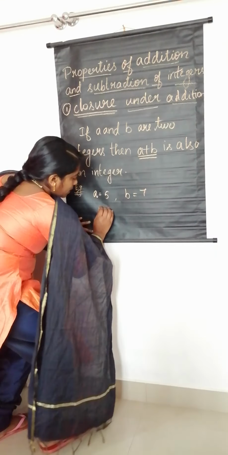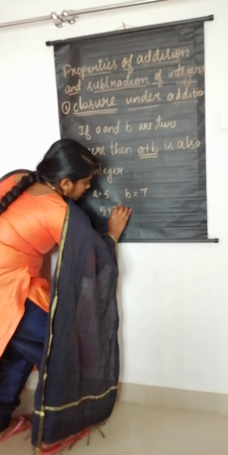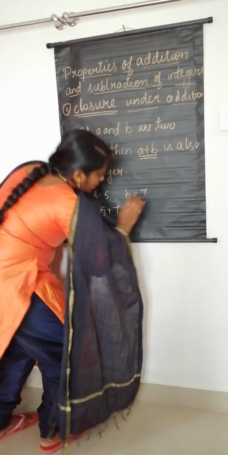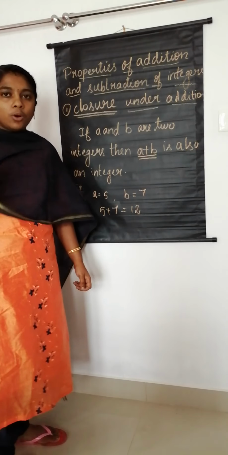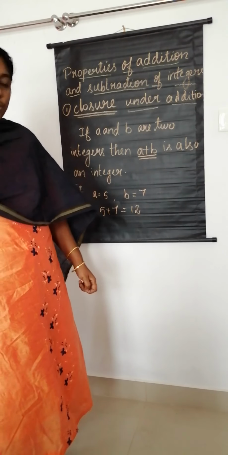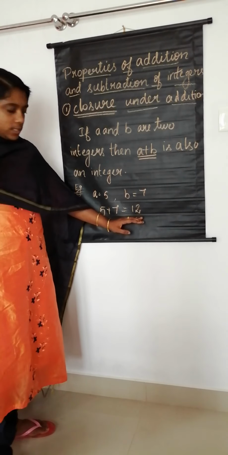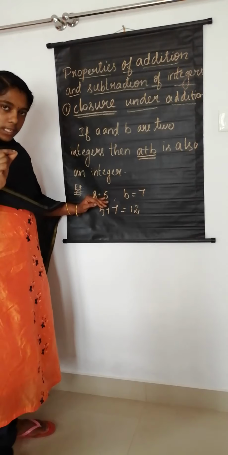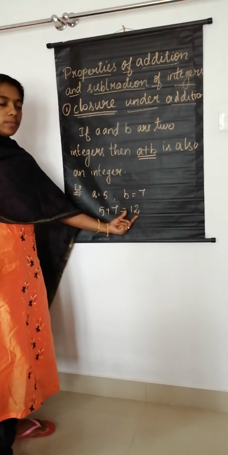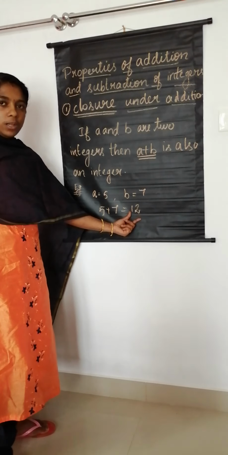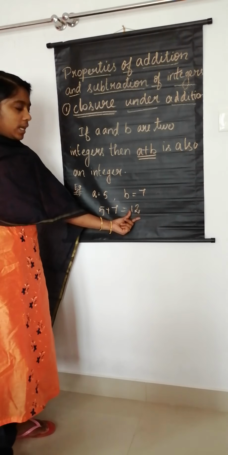So A plus B means 5 plus 7 is equal to 12. So 12 is also an integer, yes or no? All whole numbers and negative numbers come under integers. So here 5 is an integer, 7 is also an integer, then 5 plus 7 we get 12, so 12 will also be an integer.